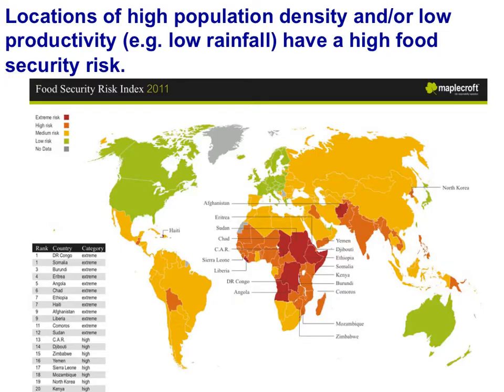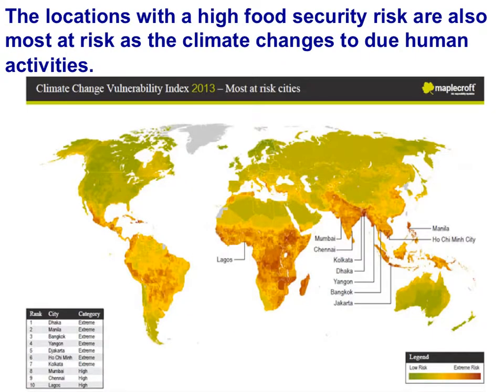Locations of high population density and/or low productivity, such as low rainfall, have a high or medium food security risk, especially as the climate changes.